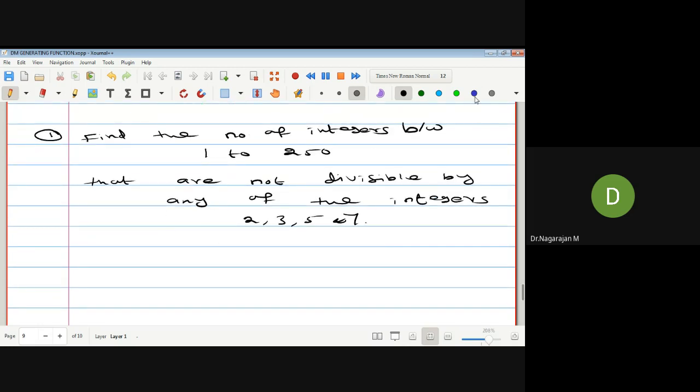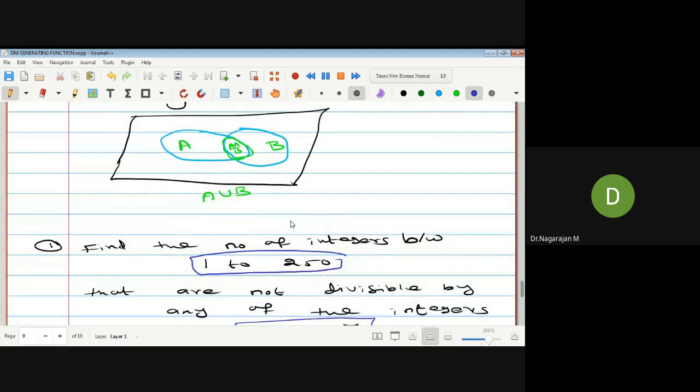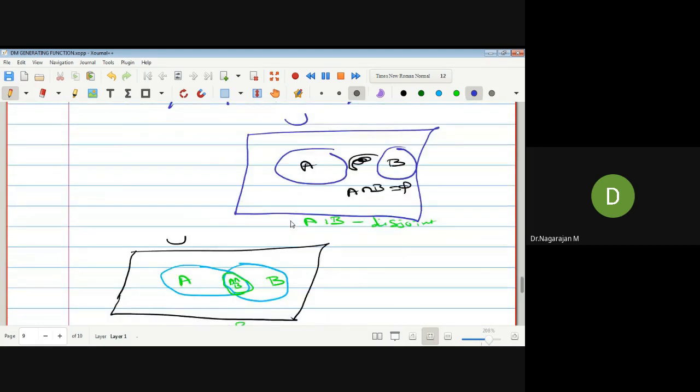Very important idea. So a number is not divisible, between the values 1 to 250, by the numbers 2, 3, 5 and 7. Here I use what is the A value, what is the B value, what is the C value. That's a very important set formula.